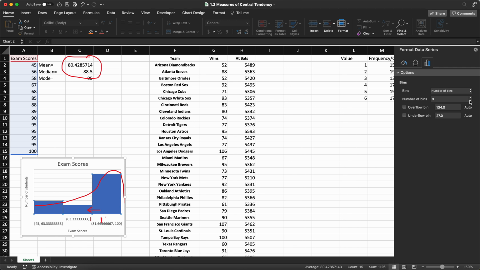Even when I have 3 bins not in auto mode, but in manual mode, which goes from the lowest value to the highest value, I have this skewed right distribution. Okay, I did like 5 bins the most. And so here's another piece of evidence that tells me that this is skewed left. The mean is smaller than the median, much smaller than the median. Okay.